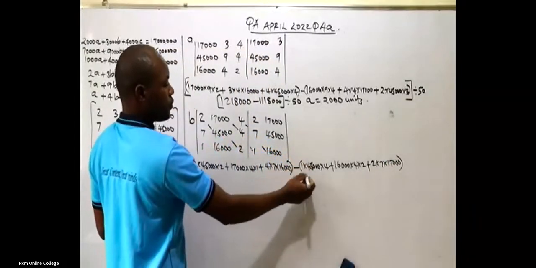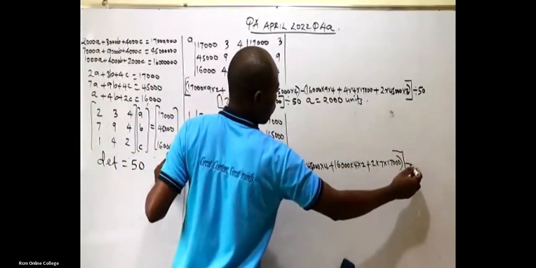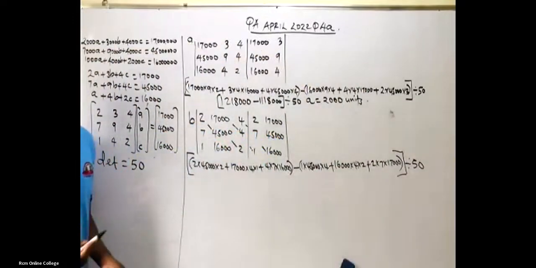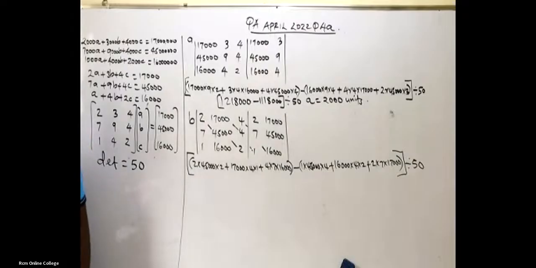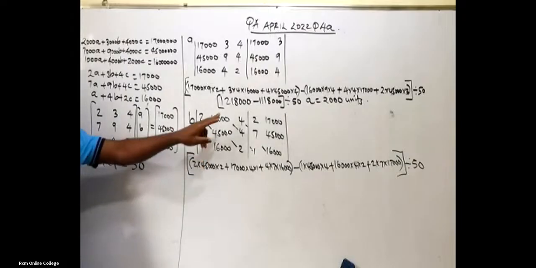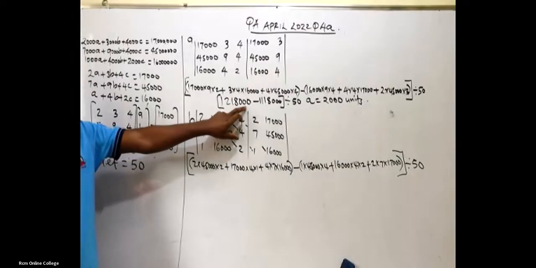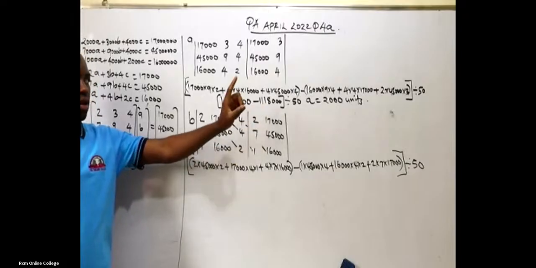The whole of this result, we divide by our determinant, which happened to be 50. My lemma, I am getting 22,124 units. No, there's something you did not do correctly. Check. If you got 1,118,000, this minus this will give you a figure.